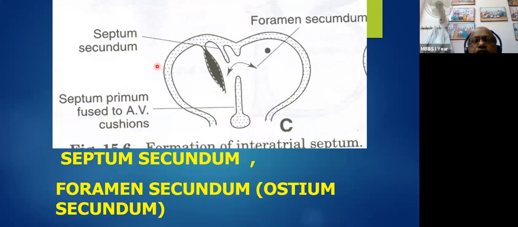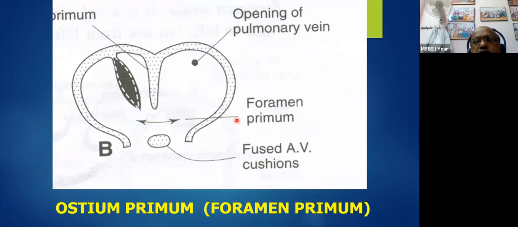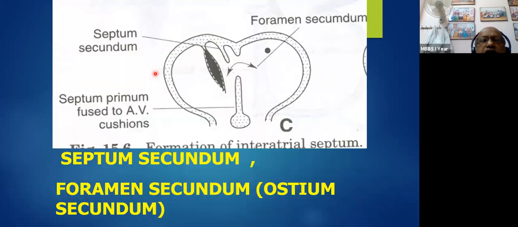Now you see that the septum primum has fused with the septum intermedium. See the previous picture and this one. This is coming down and getting fused with the septum intermedium. By the time, you will have necrosis of the upper part of the septum primum to form another opening.